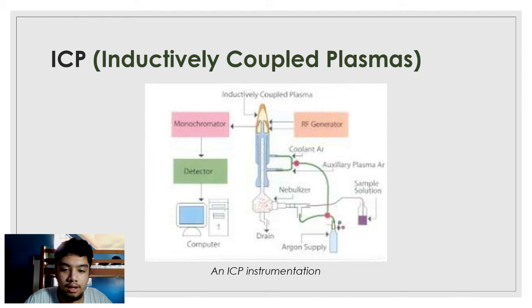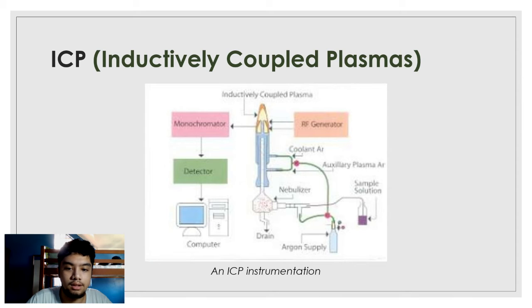Then the nebulized sample solution goes into the mechanism itself. There is a coolant argon, so that the temperature will be reduced in order to avoid overheating. Then the RF generator is there so that electromagnetic induction will occur in order for the sample solution to turn into plasma.